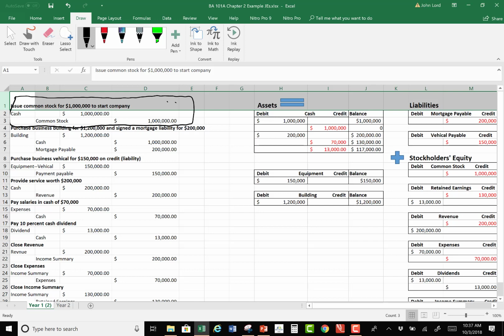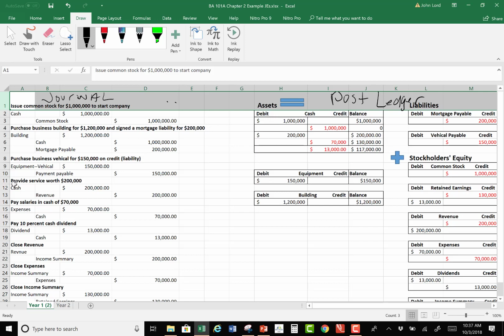Now, as we said in our slide, that is an entry that we are making into our journal. So we record the transaction in our journal. That's this stuff that's on the far left-hand side of the spreadsheet. That's our journal. And then we will post to our ledger.